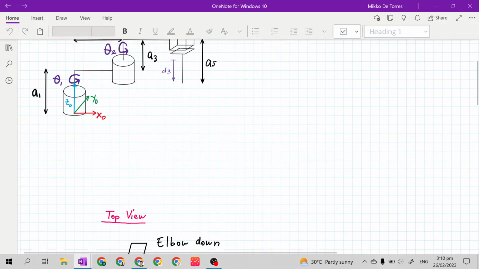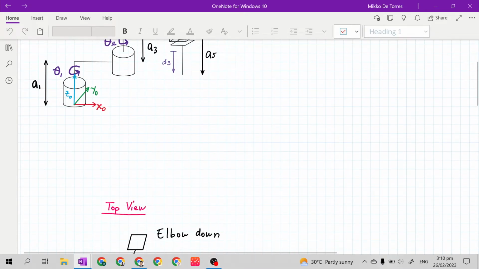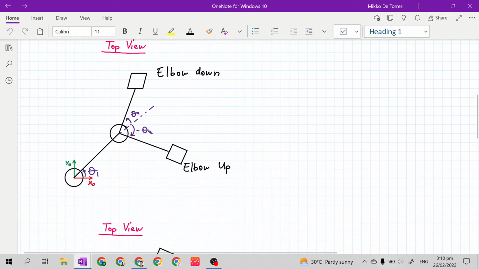So for articulated manipulators, we have the elbow down and the elbow up configurations. For the elbow down, we will use the positive angle to derive the inverse kinematic solution, while in elbow up, we will use the negative angle.